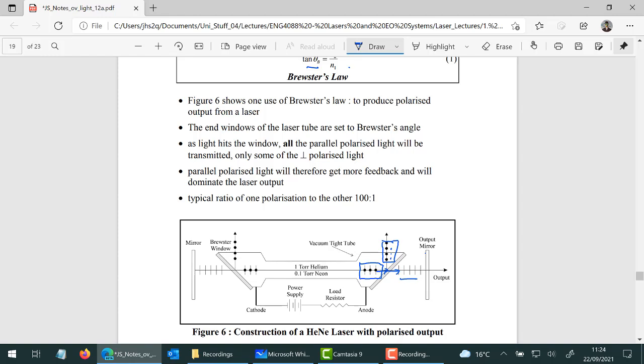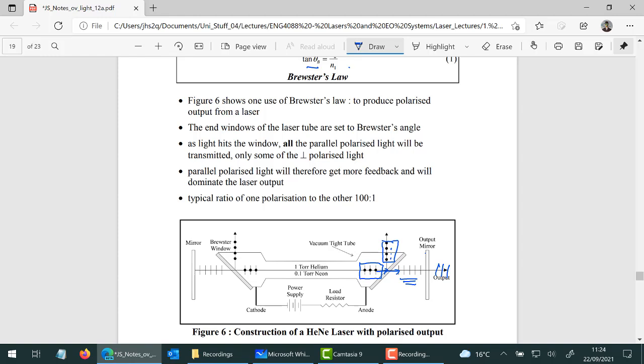So most of the light will therefore find its way into the parallel polarization. Positive feedback loop: if you've got two different signals in the same positive feedback loop, and one has just a tiny bit more gain than the other, then all of the energy is going to go into that stronger signal. And that's what happens here.